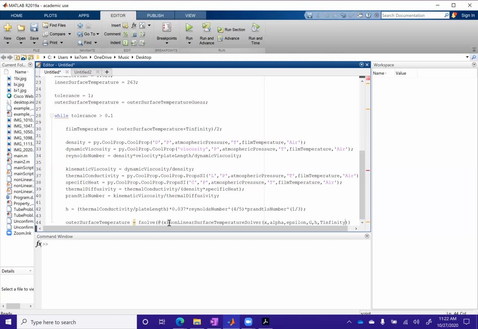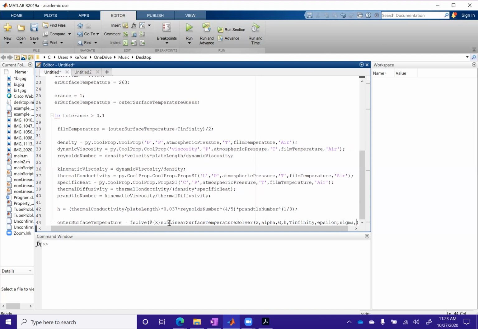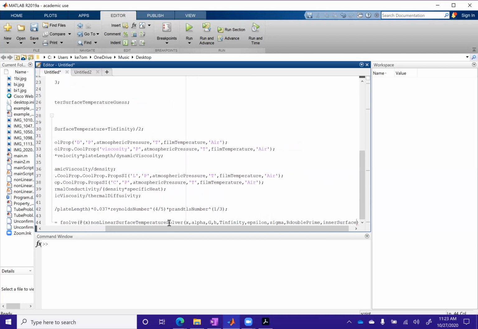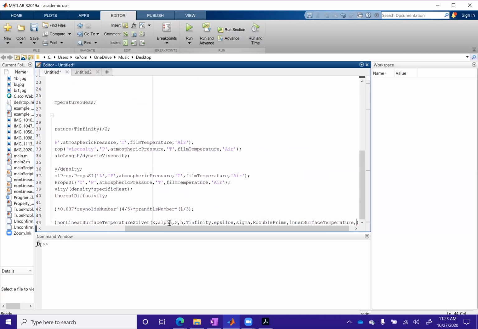Oh, whoops. Let me do it this way. I've worked this already, so I'm just copying it. I'm just changing the order so everything stays correct. Infinity, epsilon, sigma, r double prime, inner surface temperature. Okay, that's right.